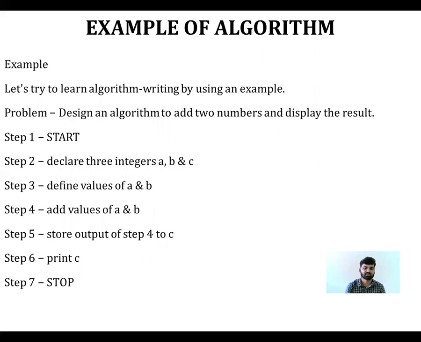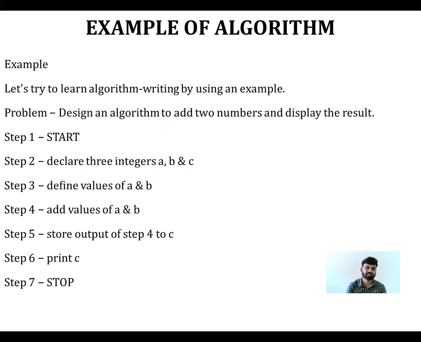Then there is a short example of an algorithm to solve addition of numbers. First step is start, second is declare three integers a, b and c. A and b are the inputs. C is the output that should be generated after solving the program.